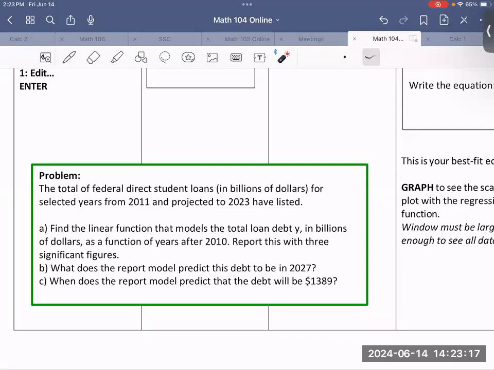We're also going to be talking about what the model predicts this debt to be in 2027. And part C says, when does the model predict that the debt will be $1,389? So we're doing problems similar to ones from before, and we're just putting this data now onto the calculator to find an actual equation.